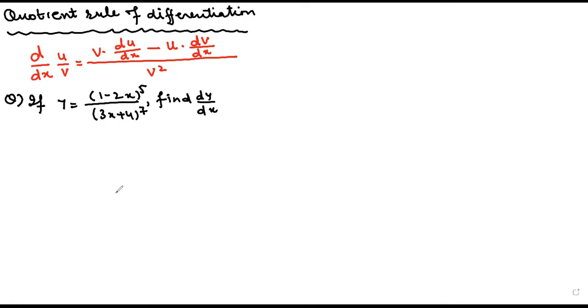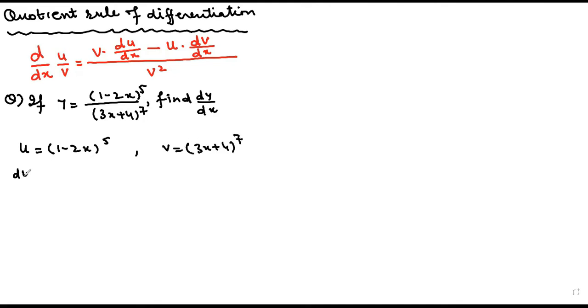Now, there are two functions, (1 minus 2x) power 5 and the other one is (3x plus 4) power 7. We will let the function in the numerator be u, u is equal to (1 minus 2x) power 5, and the function in the denominator be v, v is equal to (3x plus 4) power 7.